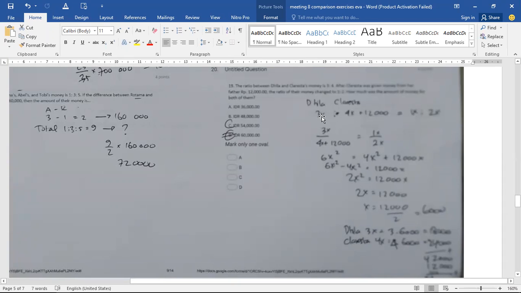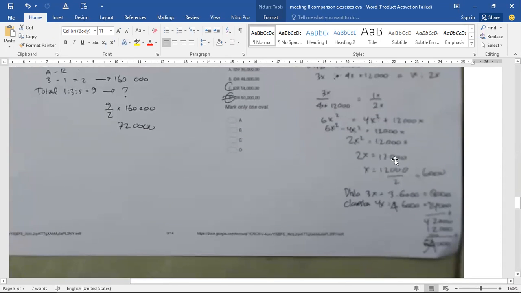So I can write it as 3x per 4x plus 12,000, equal to 1 by 3. Okay, next I need to multiply it across.